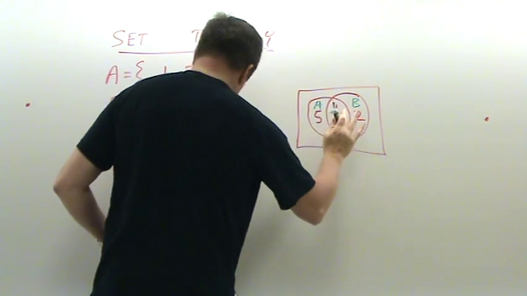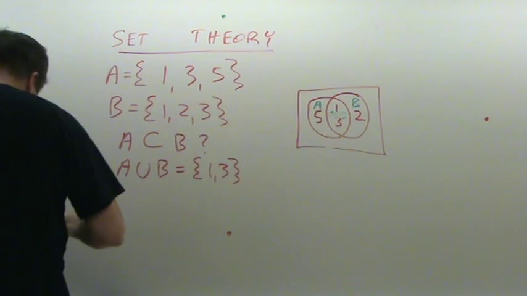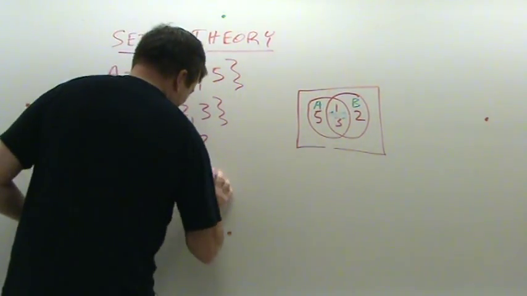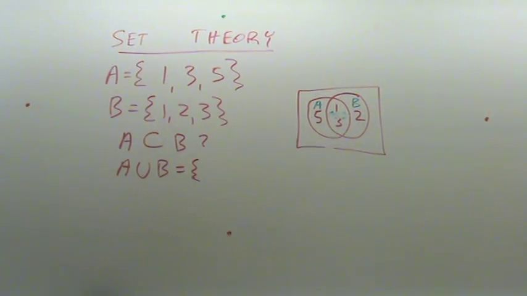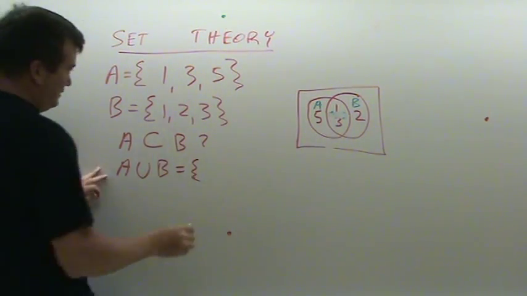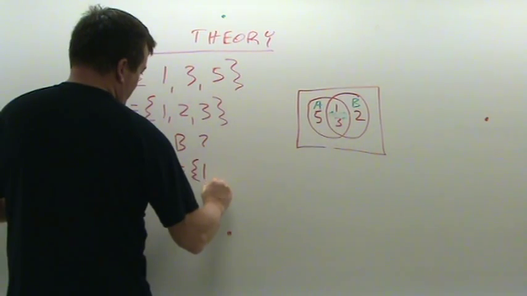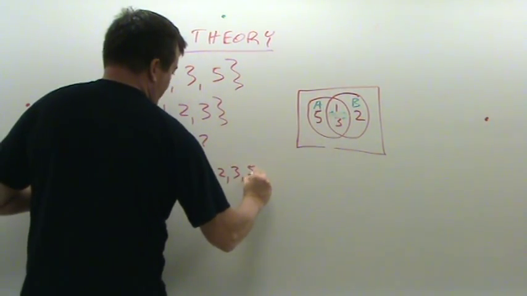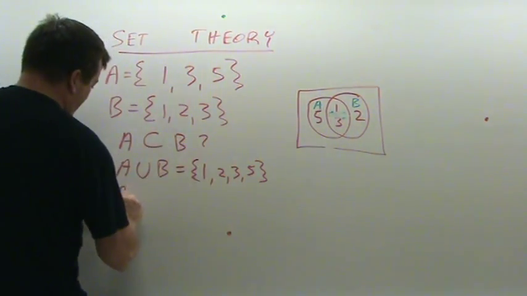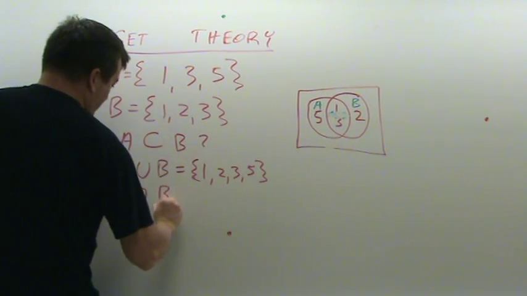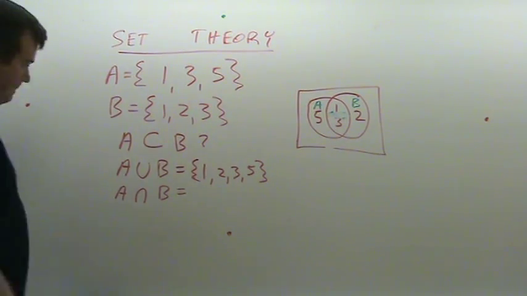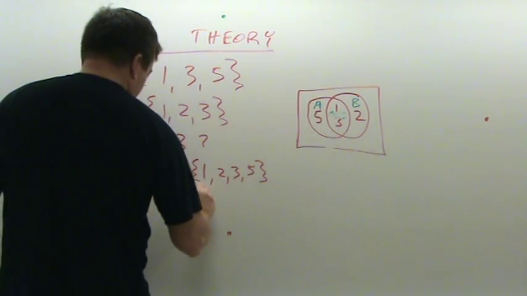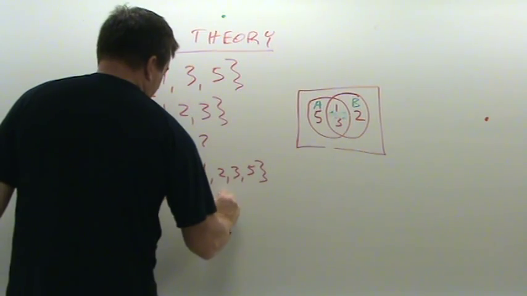Intersection, sorry. What am I doing? Getting this thing wrong. Okay. The intersection of, so you remember this from a while ago. This would be, sorry, this would be 1, 2, 3, 5. 2, 3, and 5. Okay. A's intersection with B, that would be only elements that appear in both A and B. That's 1 and 3.